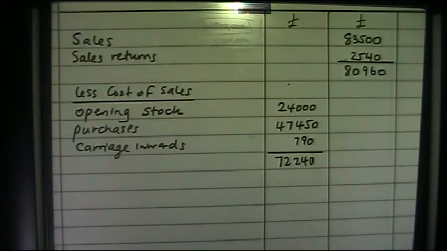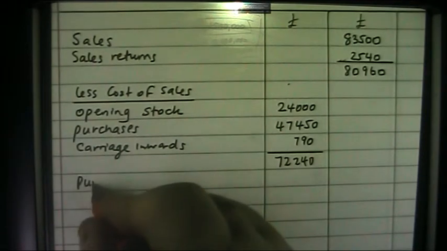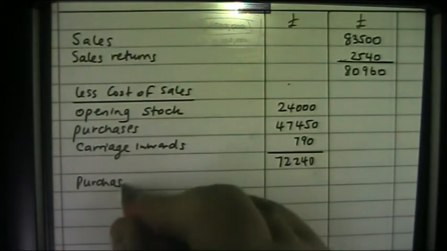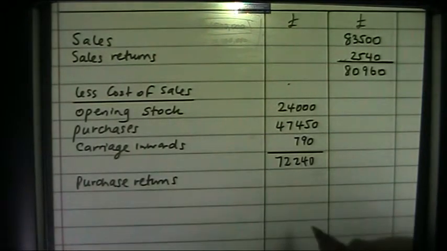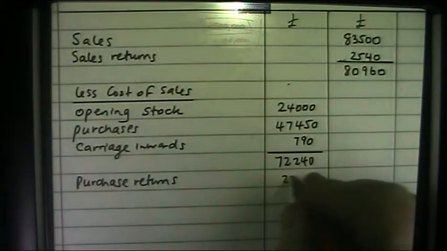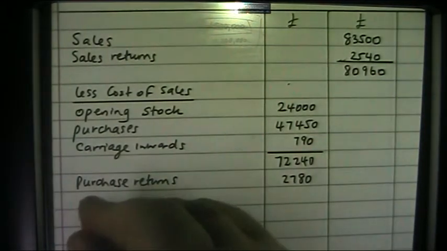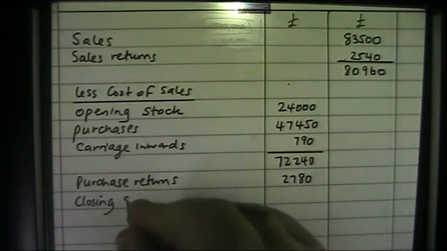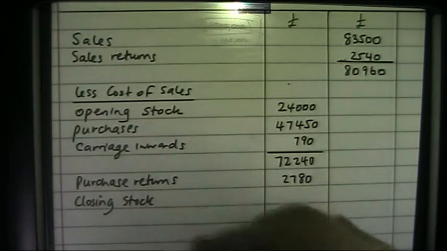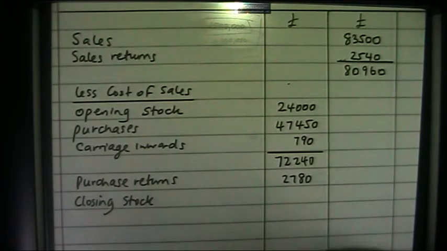Yes, I have. So I'm going to minus off my purchase returns here, and those purchase returns were 2,780. I also want to minus off my closing stock, because I'm not going to use it this year, I'm going to use it next year, and my closing stock is 21,000.